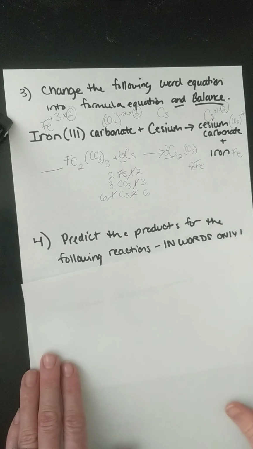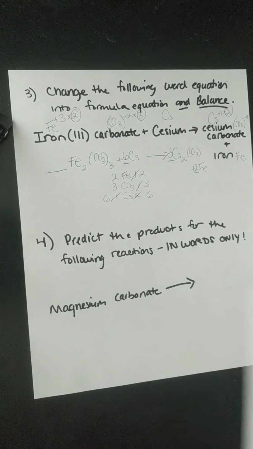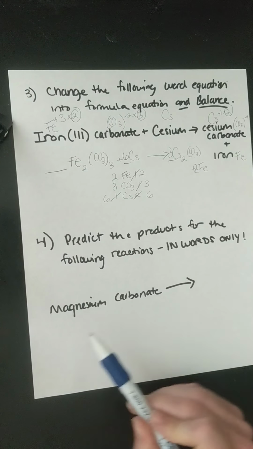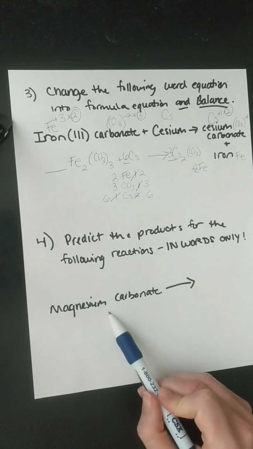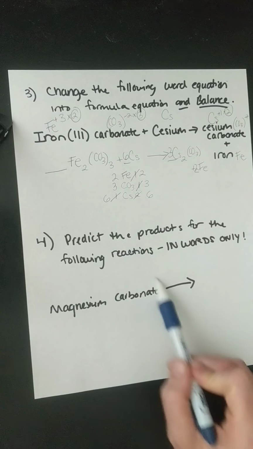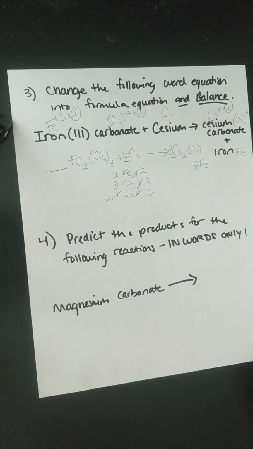Okay, moving on to number 4, predict the products for the following reactions in words only. So you should already be able to tell that this magnesium carbonate is a special type of decomposition, meaning this is going to break up. Remember, if a body is decomposing or something is decomposing, it's breaking up.